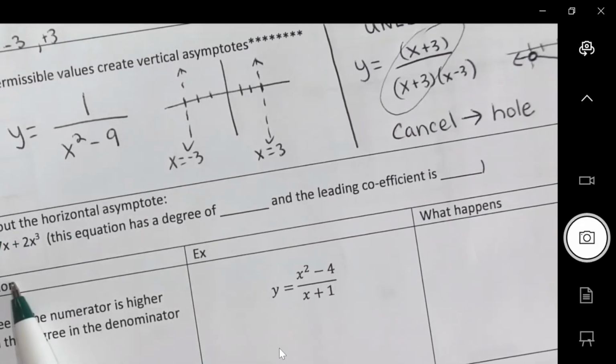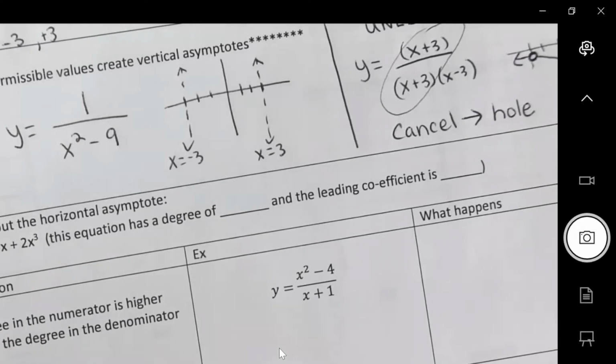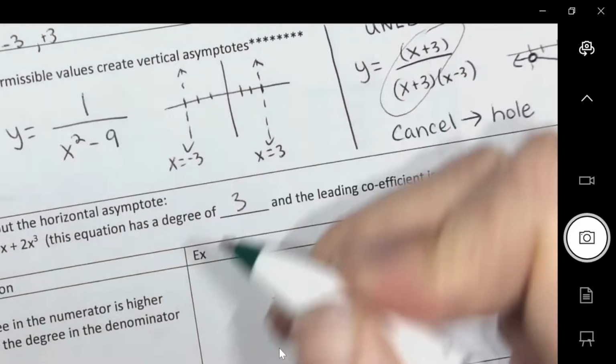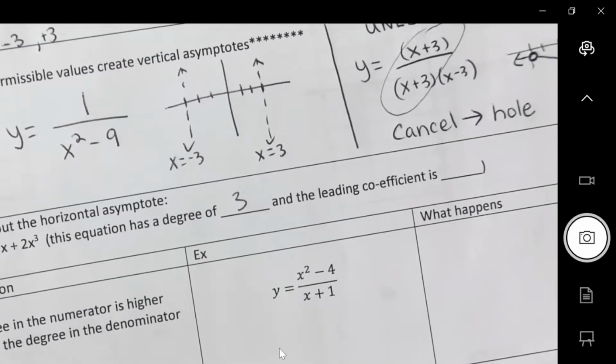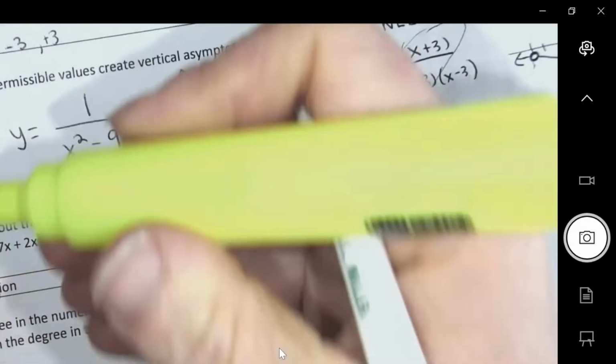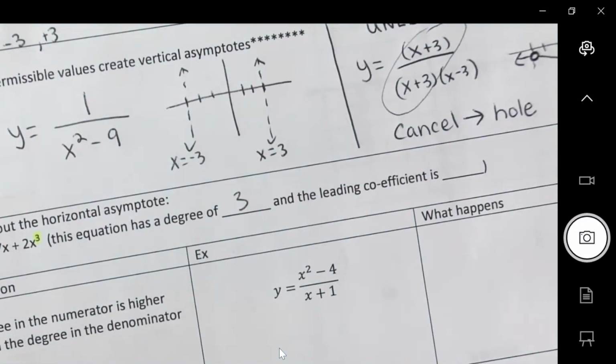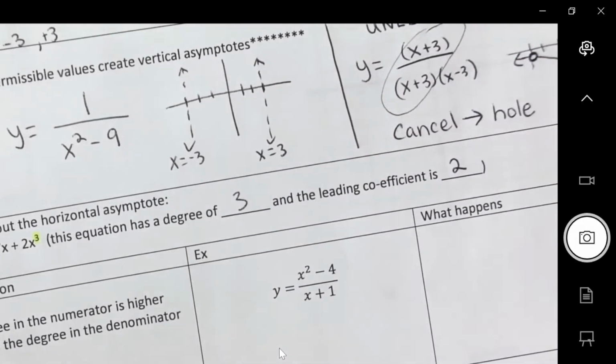What's the degree? What's the highest exponent? 3. It's a third degree equation. Okay, the highest exponent I would see is 3. And the leading coefficient would be 2.